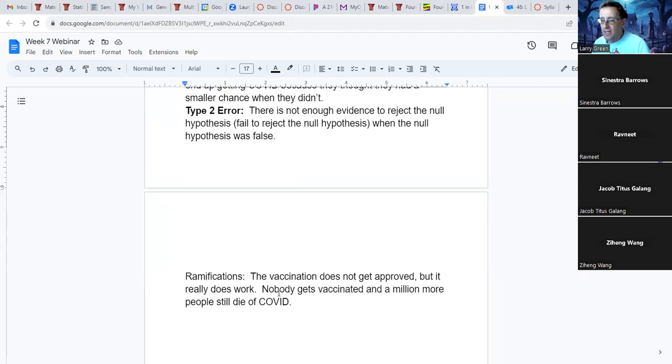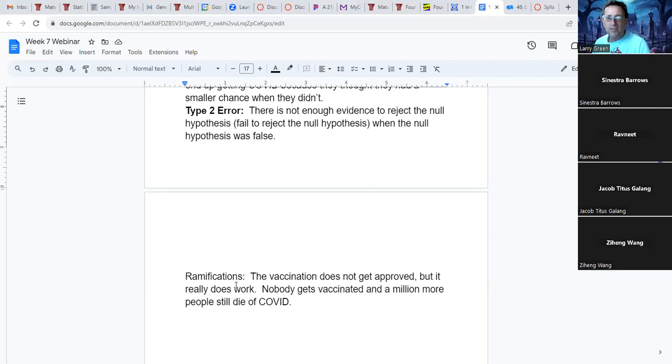Any questions so far on these ramifications of the type 1 and type 2 error? Okay, so the next thing we have to do, and you have to do this also with confidence interval. With confidence interval, you have to decide what the confidence level is. Are you going to use 95%? You can use 99%. You can use 90%.